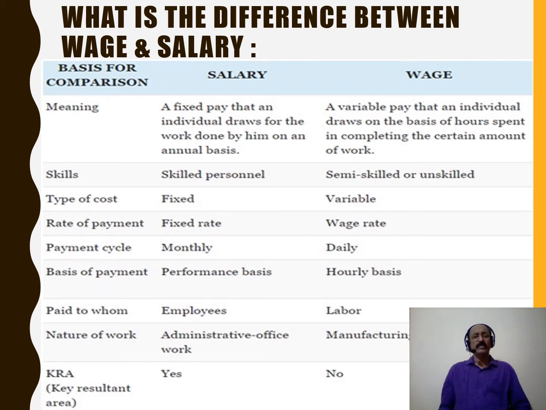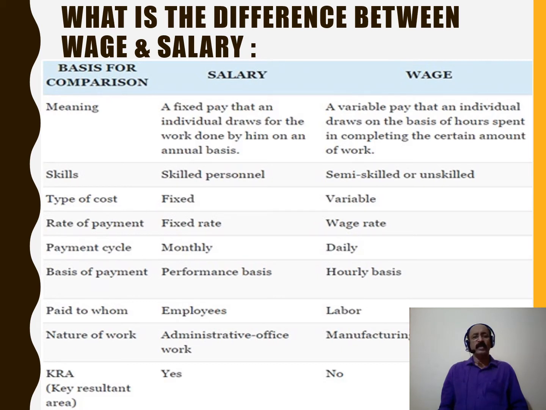Rate of payment: in salary it is a fixed rate, whereas in wage the rate may change, as I've already told you, based on skill, demand, or the type of work a person is doing. Payment cycle in salary is monthly, whereas in wage it is daily. Basis of payment: performance basis for salary, whereas in wage it is hourly. Paid to whom: salary is paid to employees and wage is usually given to laborers.